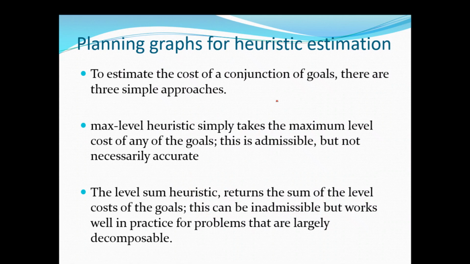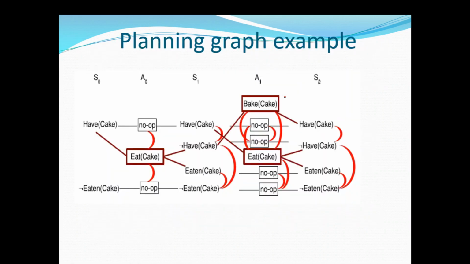Say, for example, you are looking for one particular goal x. If that x is not available in the final level, then the problem is unsolvable. So your goal should be available in the final level, then only it is solvable. Otherwise, by looking at the planning graph itself, you can say that it is unsolvable.